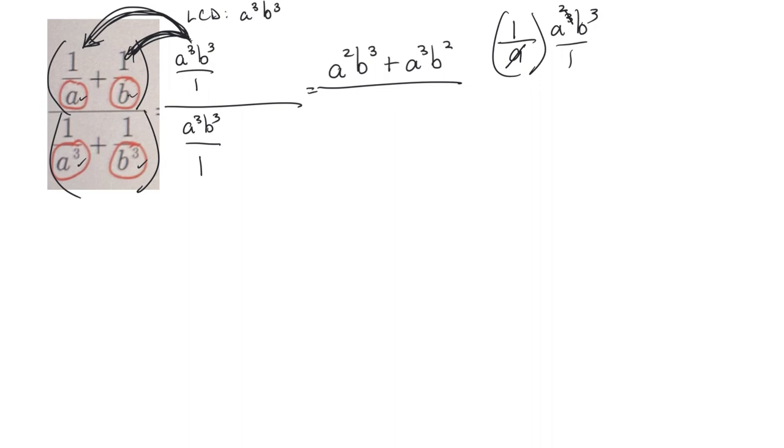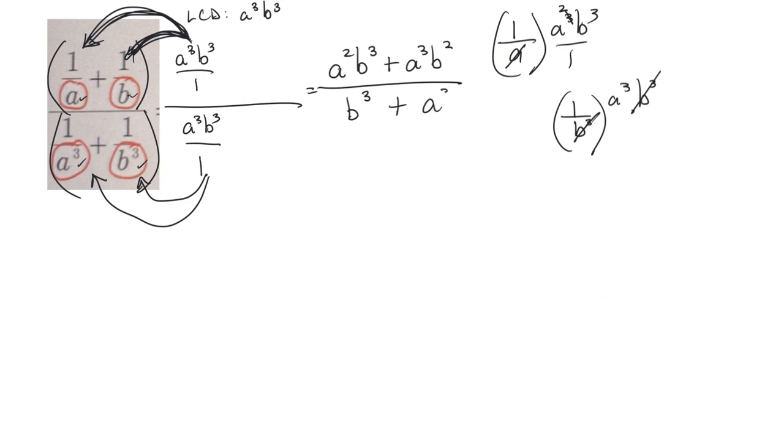Over, on this one, when I multiply this thing by that, the A's actually cancel out, so I'll be left with a B cubed. When I multiply this by this, 1 over B cubed times A cubed B cubed, the B cubes cancel out, so this would be B cubed plus A cubed on the bottom.